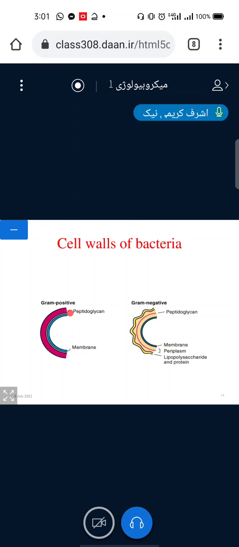In this slide, gram-positive peptidoglycan is purple, with the membrane. In gram-negative bacteria, there are peptidoglycan, outer membrane, and cytoplasmic membrane.